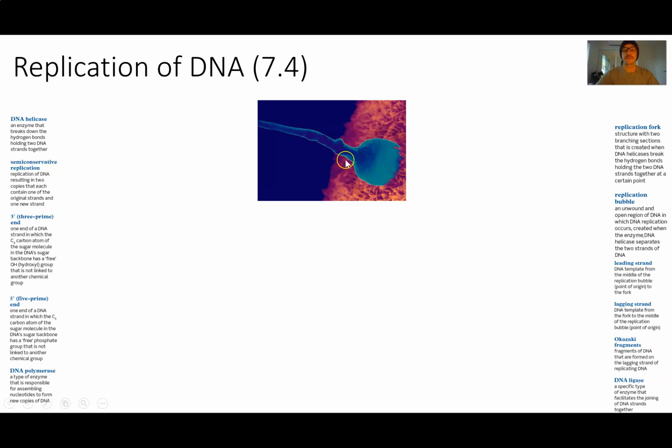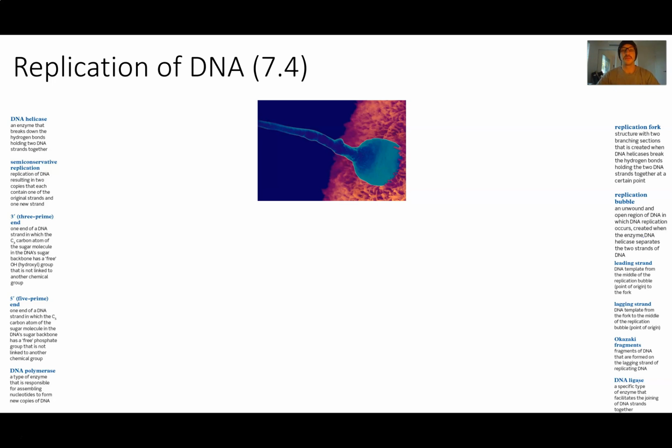What becomes of this is what's called a zygote, and that zygote will divide by mitosis to eventually create an embryo, which will develop into a fetus, which will further develop into a little human, which will have trillions of cells. And it is important that every single one of those cells has the exact same DNA as the very original cell. So we need to make sure that this occurs. And that is the process of replication of DNA.